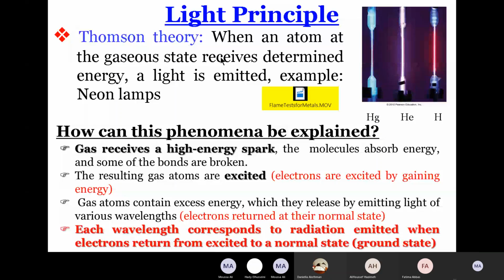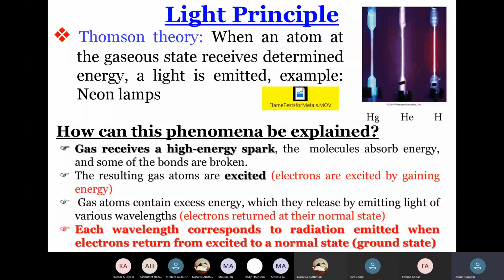When Thomson in his experiment discovered the electron, he observed that an atom at the gas state, if it receives determined energy, a light is emitted. And this is an example of the neon lamps or the fluorescent lamps present in our houses.